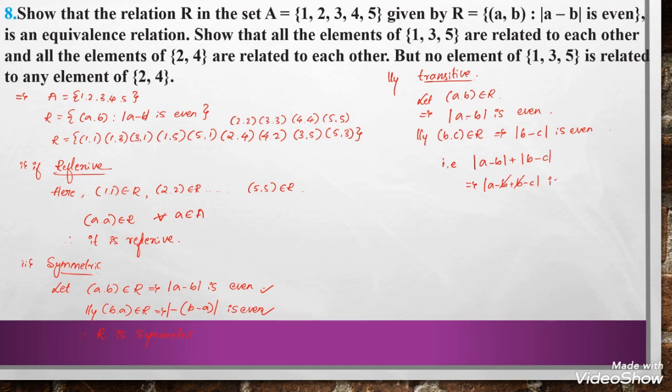Then A minus C is also an even number. That is, A minus C is even. Therefore, it is transitive.